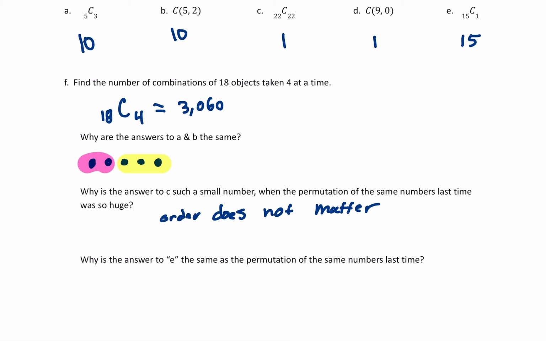You're only picking 1 object. So whether I'm doing a permutation or a combination, if I'm only choosing 1 thing, the answers are going to be the exact same, because there is no order. So it can't matter or not matter. When we're choosing 1, there is no order, when dealing with the number 1.